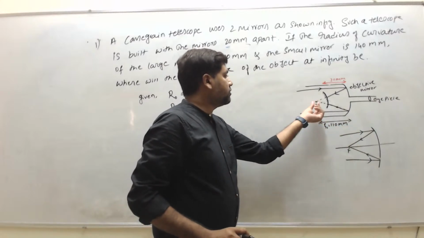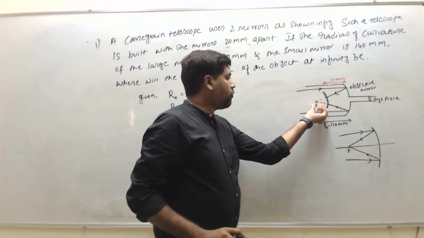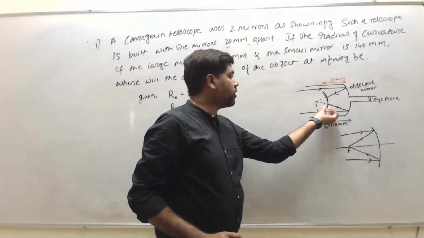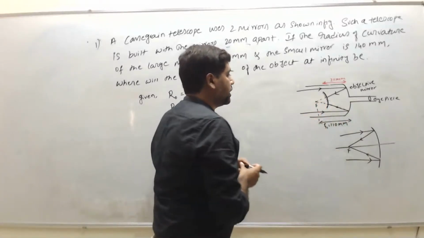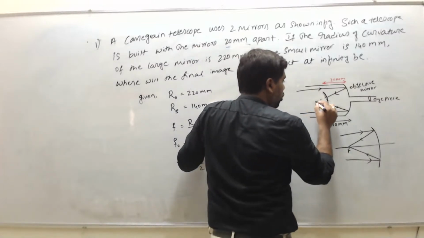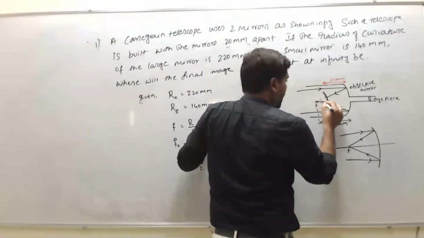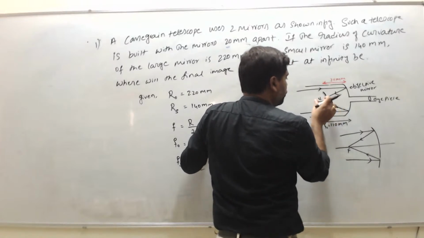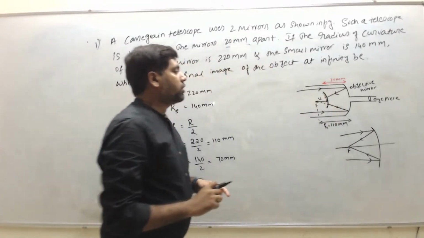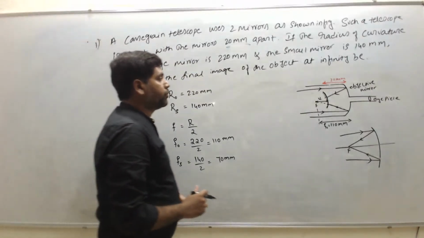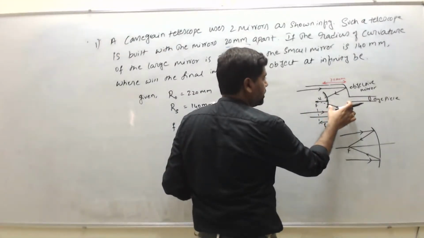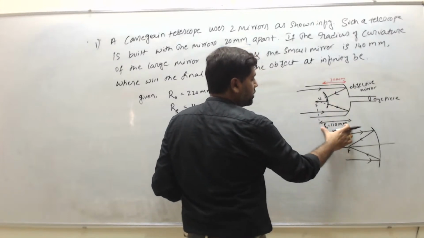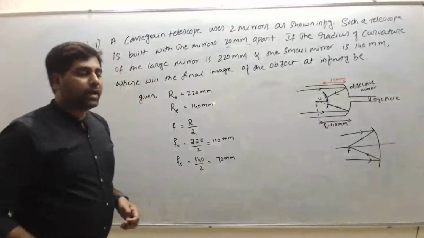Right. The second one is this image formed by the objective mirror behaves as the virtual object for this secondary mirror. That is, this one behaves as the object for this mirror. Now we have to find out this object distance, that is u for the secondary mirror. The distance between these two mirrors is the given 20 millimeter, and the image formed is at 110 millimeter.